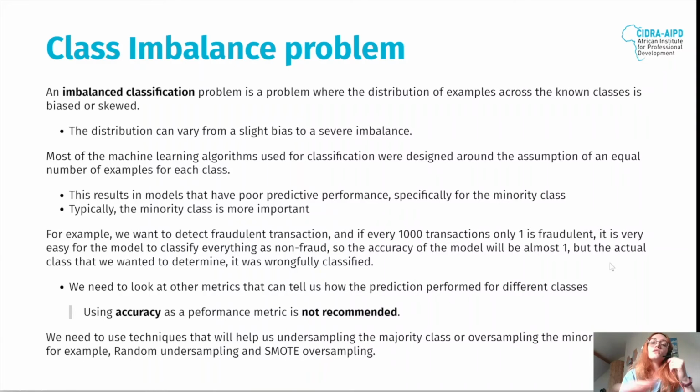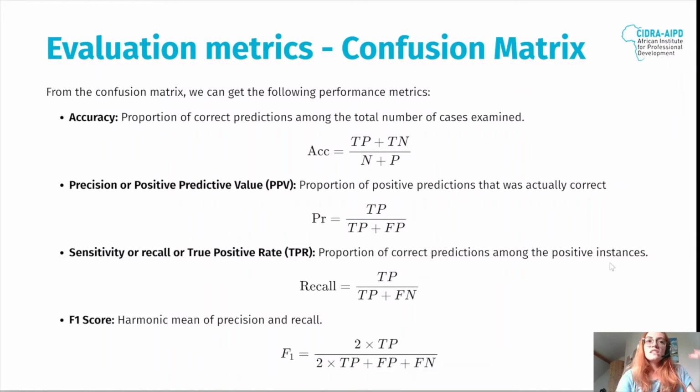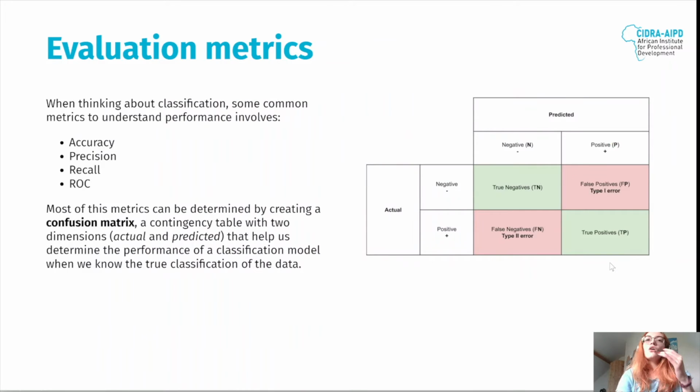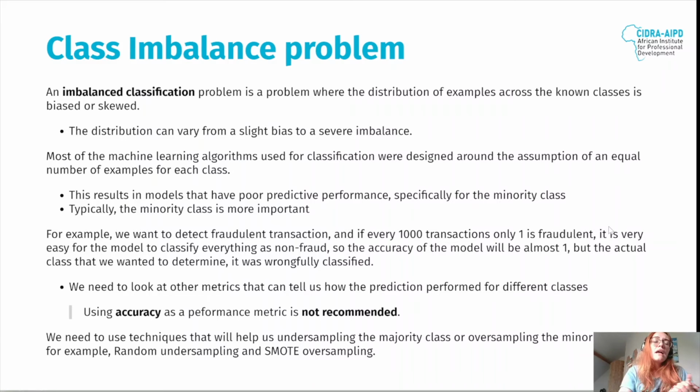So that's why we say that using accuracy as a performance metric is not recommended. So usually do look at ROC curves, precision, recall, all those other metrics that are actually going to give you a balanced idea of how things are performing per class. This is a much better metric. But we can try to overcome the class imbalance problem as well. We do have techniques that help us with that. We can, for example, undersample the majority class or oversample the minority class.